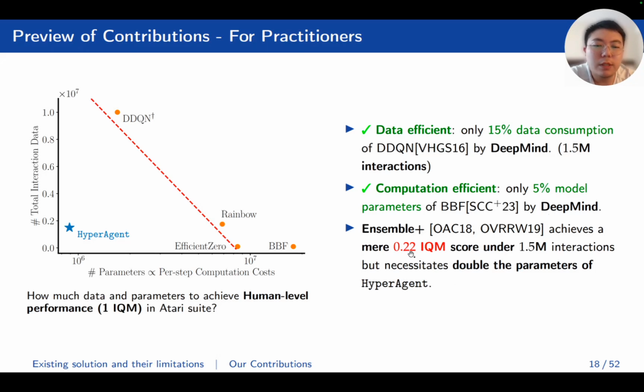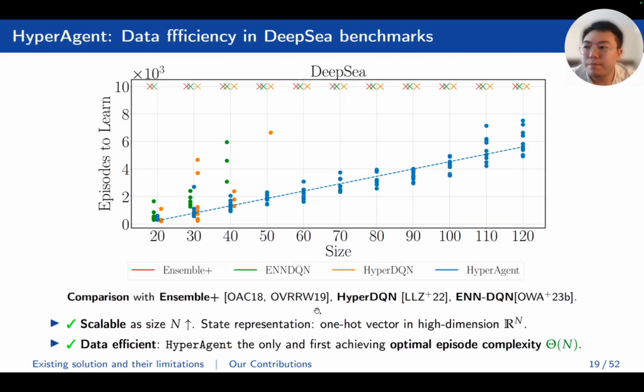And for ensemble methods, they only achieve 0.2 IQM, where 1 IQM is human-level performance. So they only achieve 0.2 IQM under the same interaction data as our agent, and they use double the parameters. And here the parameter count in these problems and structures is proportional to the per-step computation cost.